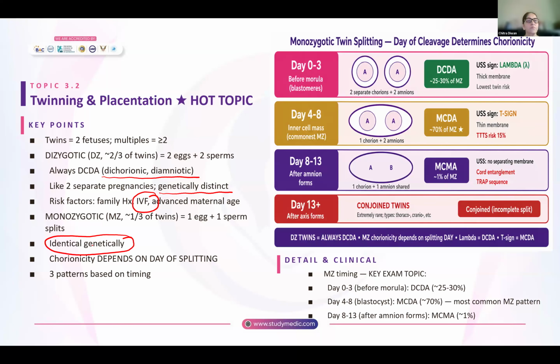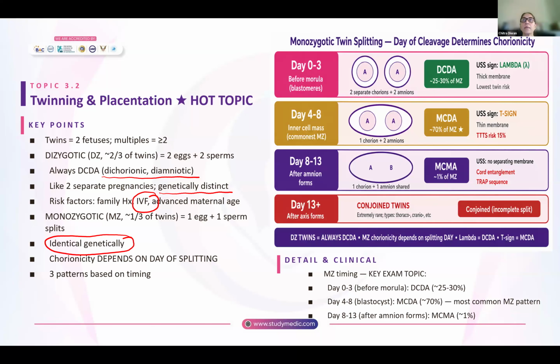So that is why monozygotic twins are always genetically identical. And chorionicity depends on the day of splitting. Depending on whether it happens early in pregnancy or later on, you get three types of twins. We already saw in early development that up to day 3, you have the morula. In the morula, you have 16 cells, and these cells are not differentiated into the inner cell mass and the outer cell mass.